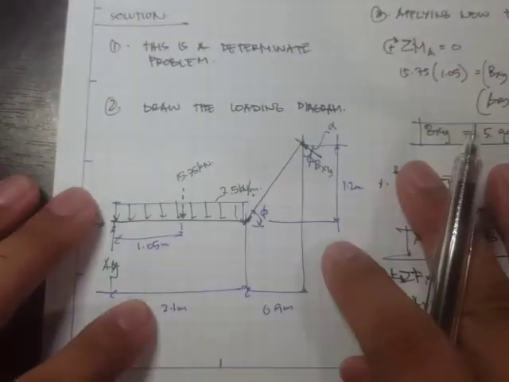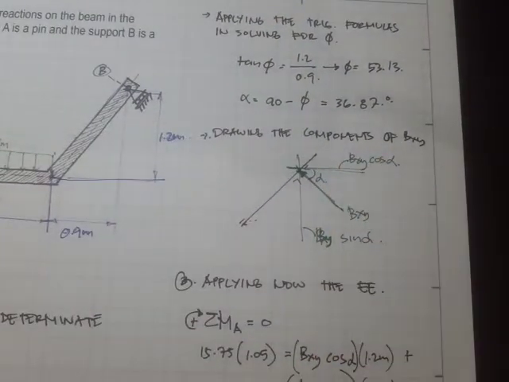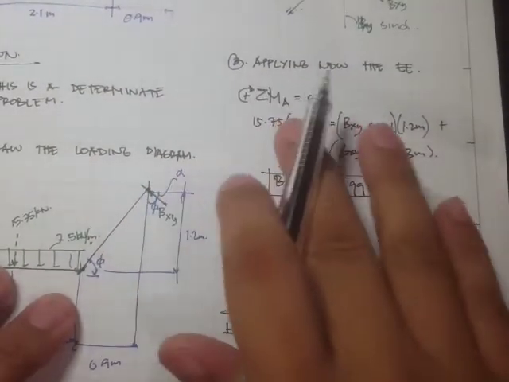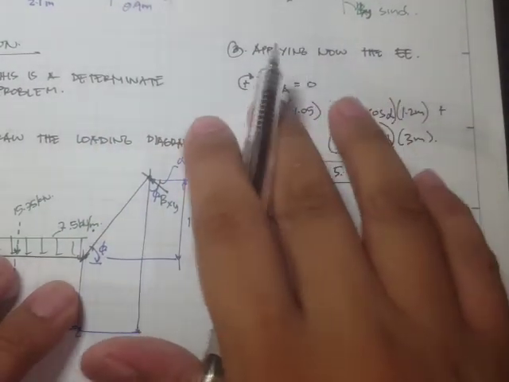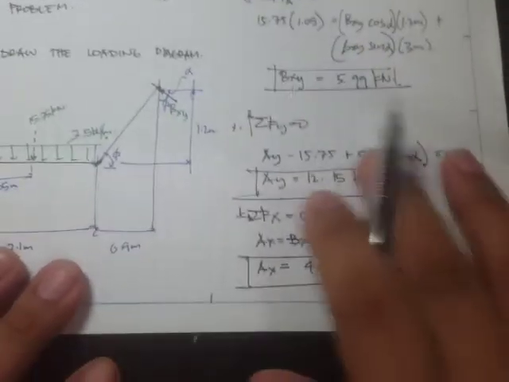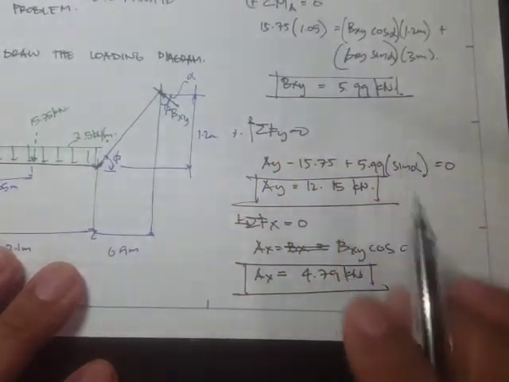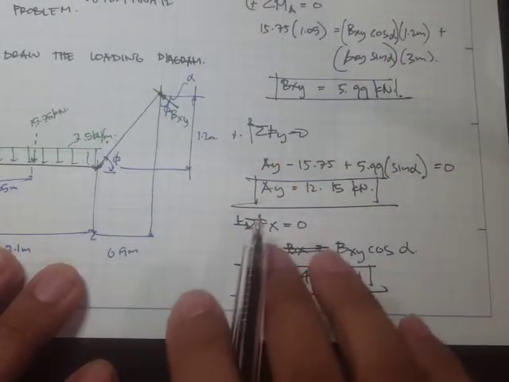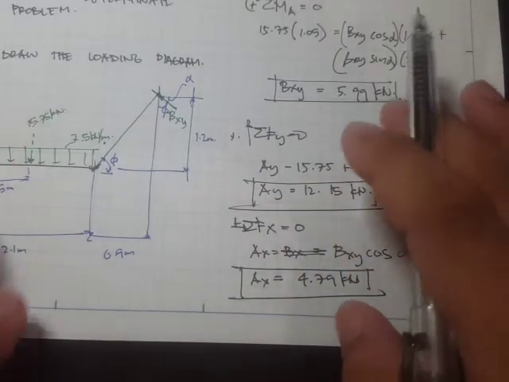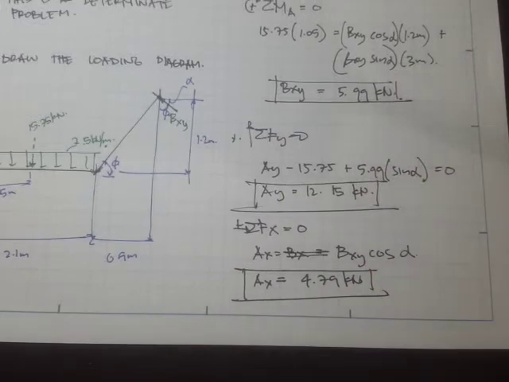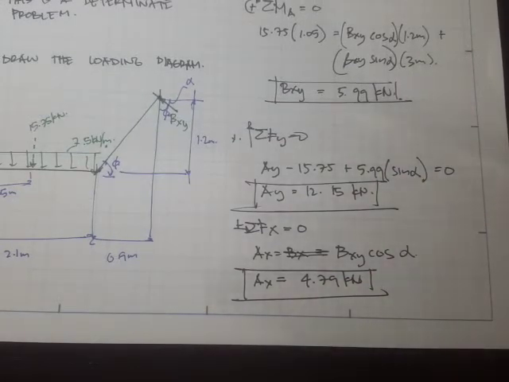Once we have the geometry, we can apply the equilibrium equations: the summation of moment along z, and the summation of forces along x and y, equated to 0, and then we can obtain the support reactions. We'll do another problem regarding these equations of equilibrium.